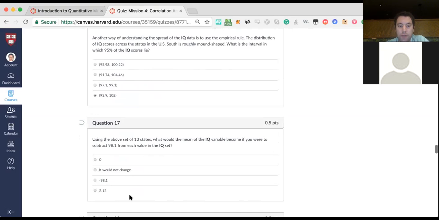And the next question says, using the above set of 13 states, what would the mean of the IQ variable become if you were to subtract 98.1 from each value in the IQ set?